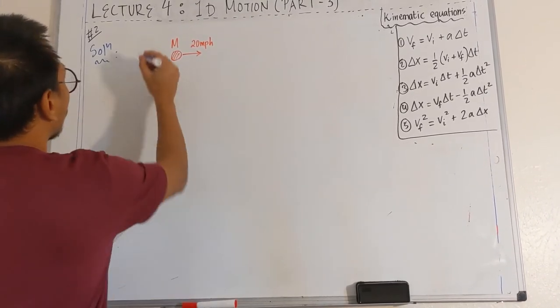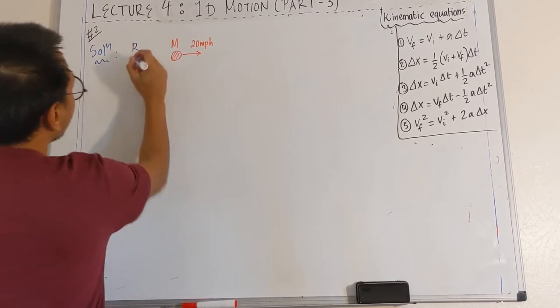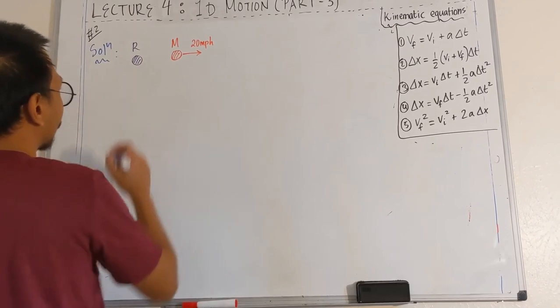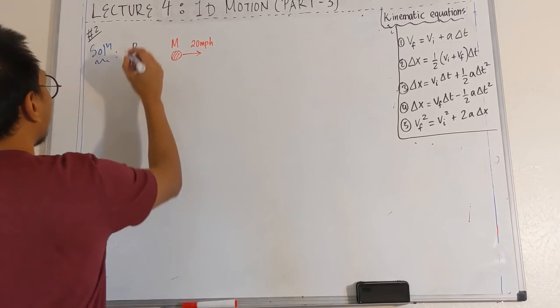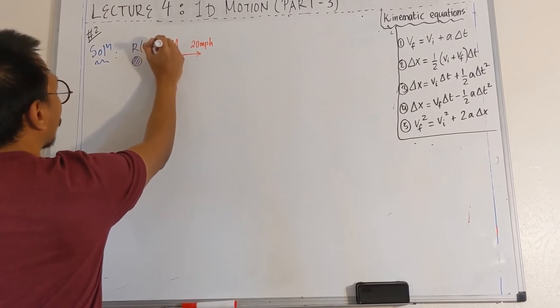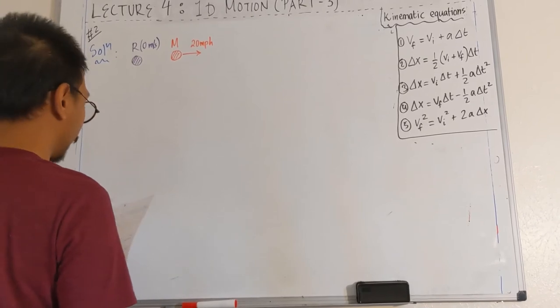And then Ronaldo, let's call it R, sees the run and wants to catch up to him. So he was initially at rest. So rest means stopped, which is a speed of 0.